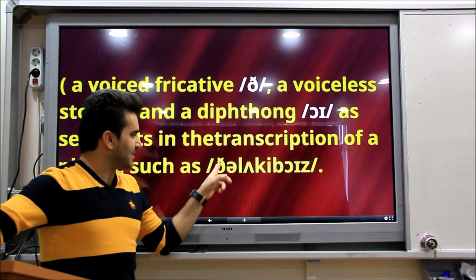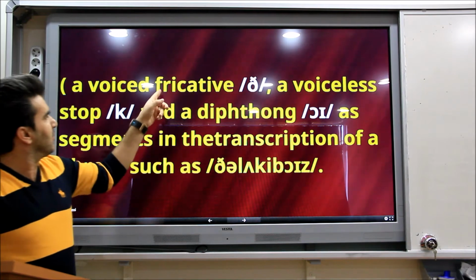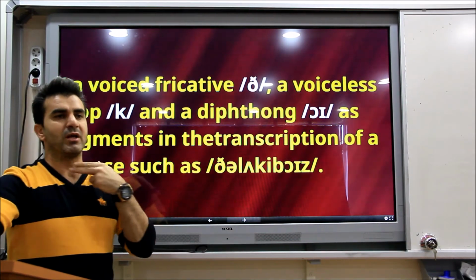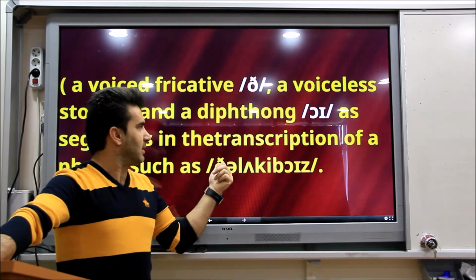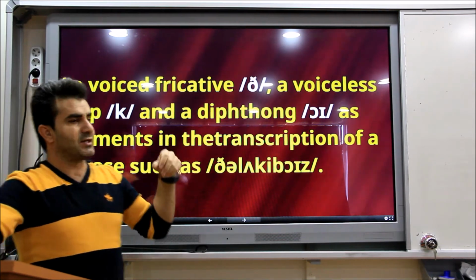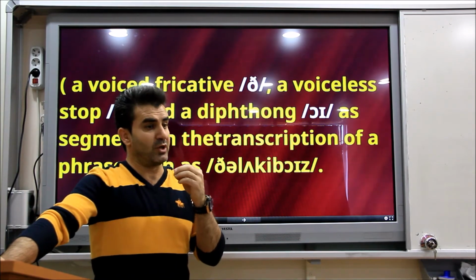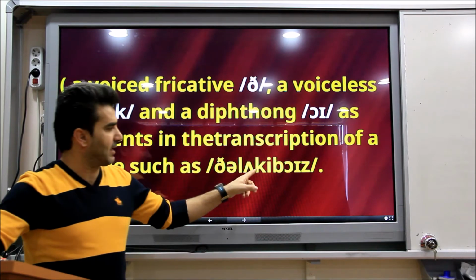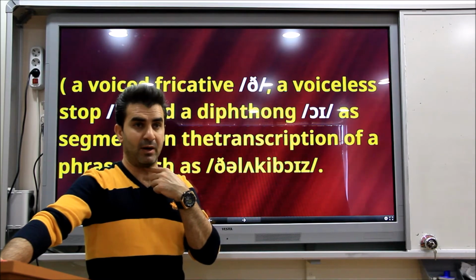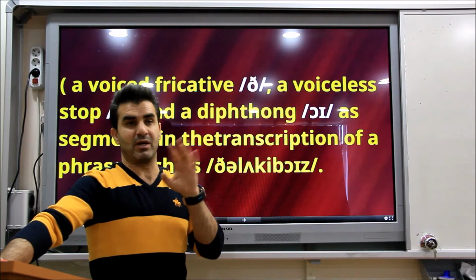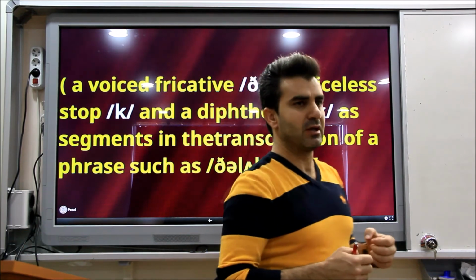We learned that this sound, its feature is voiced fricative. Why is it voiced? Because it causes vibration. The. And it is fricative because it causes some friction while it is produced. Okay, and K is glottal here. Stop. And it is voiceless because it doesn't cause any vibration. Remember, we looked into these characteristics of sounds.